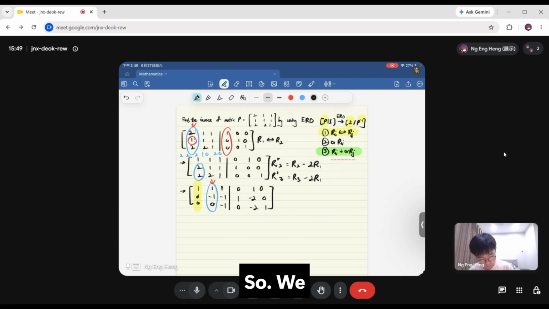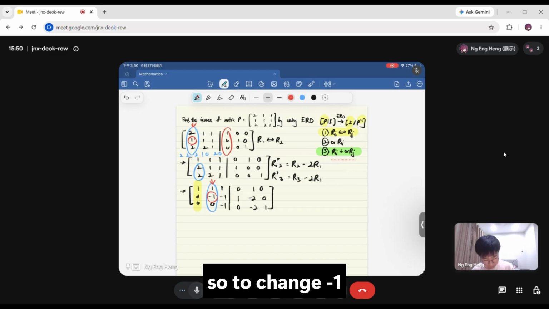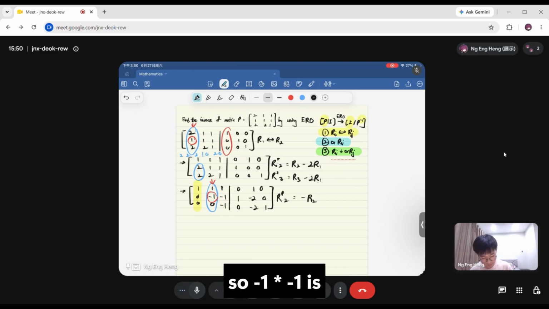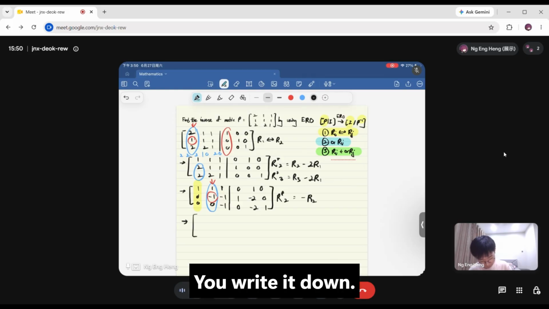So we see a negative 1 here, so to change negative 1 into 1, I'm going to use the second operation. So the new row 2 is equal to negative row 2. So negative 1 times negative 1 is equal to 1, so we write it down.